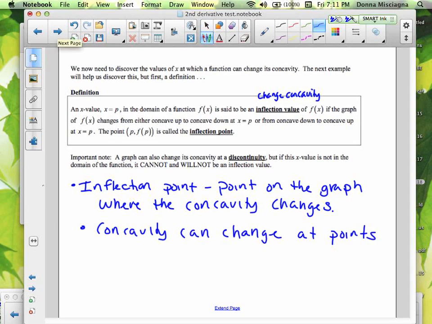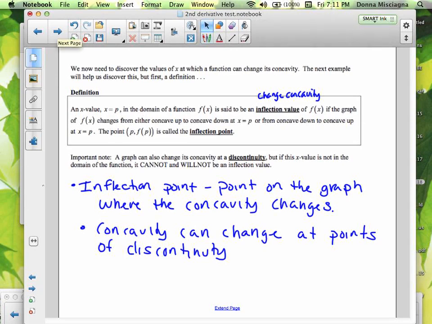At points of discontinuity. It looks like I'm missing an I, but who knows where it would end up if I try to write it. Nowhere. All right, so it can also change at points of discontinuity.